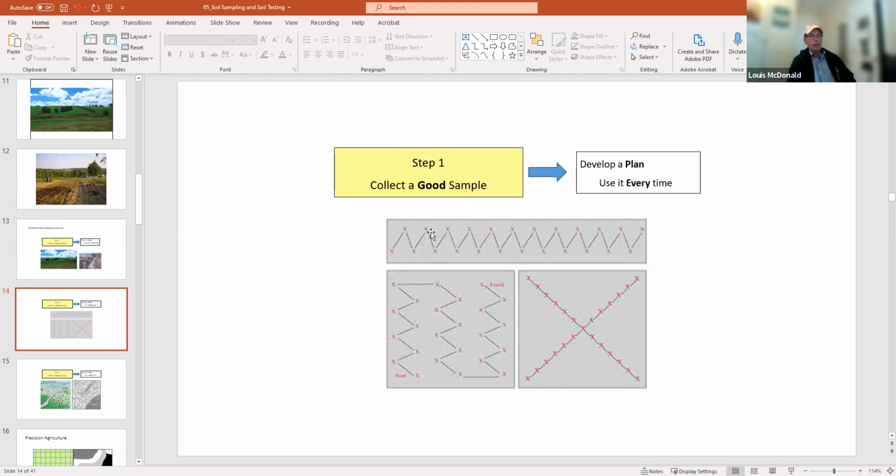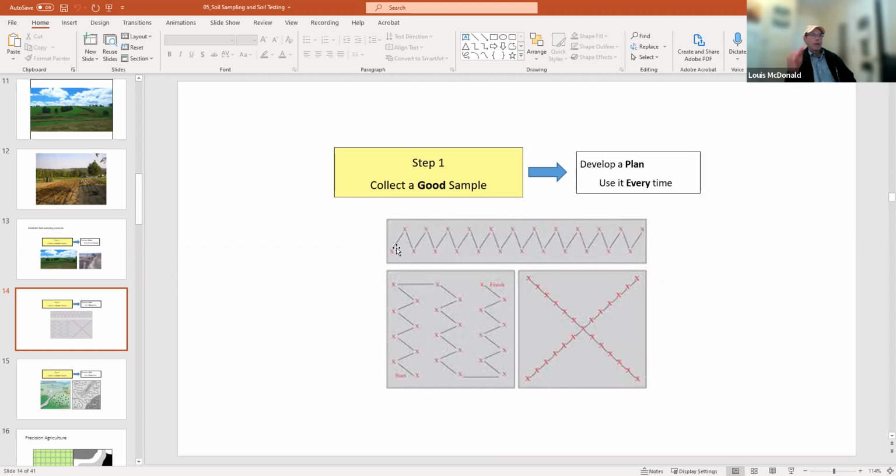The easy thing to do is drive along this road, stop, hop out, bam, take a sample, hop back in your truck or car, drive down, hop out, sample, get back in. Don't do that, right? What you want to do is zigzag your way down and then trudge all the way back. That's why you want to be the manager, not the sampler.